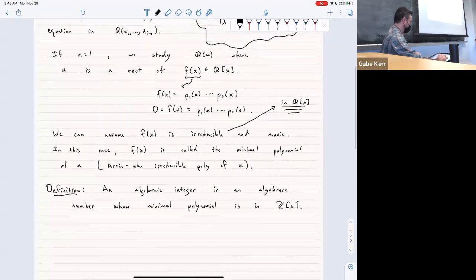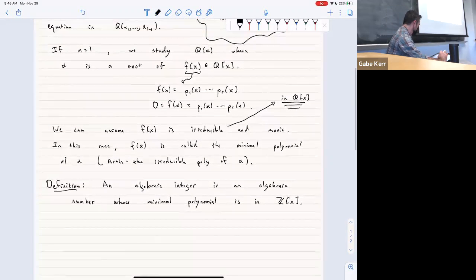This is kind of the larger picture of what we're looking at. So now this is one definition.